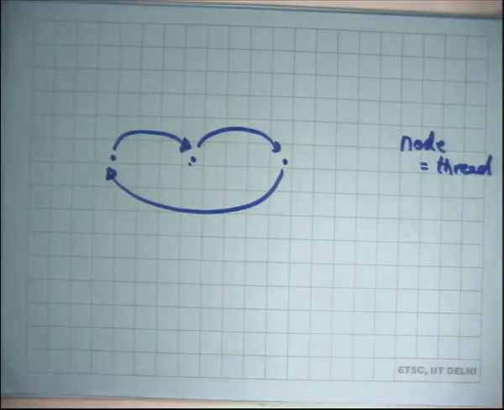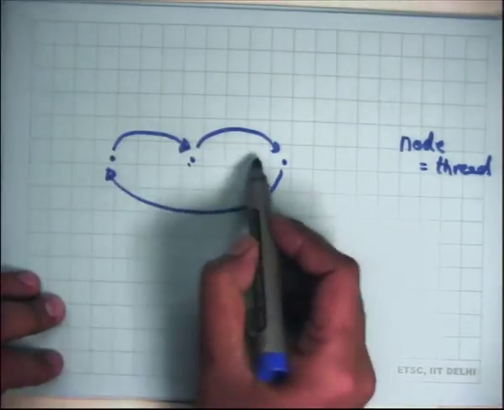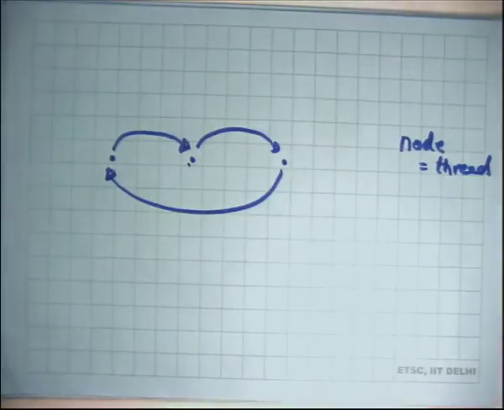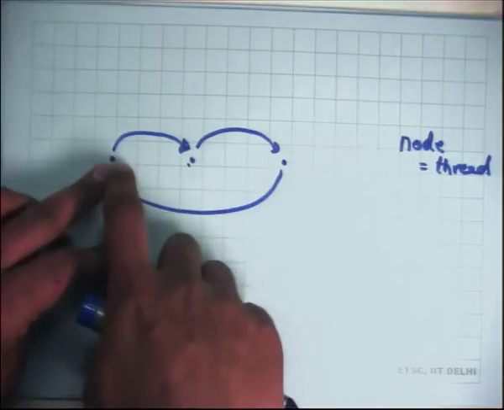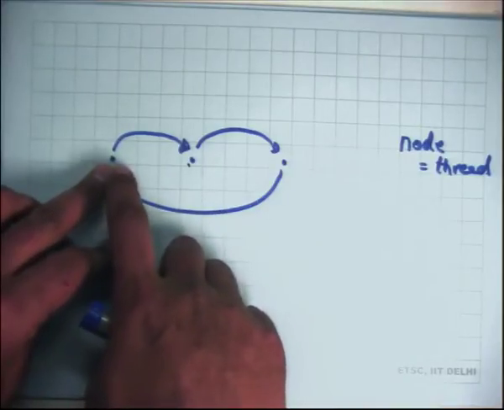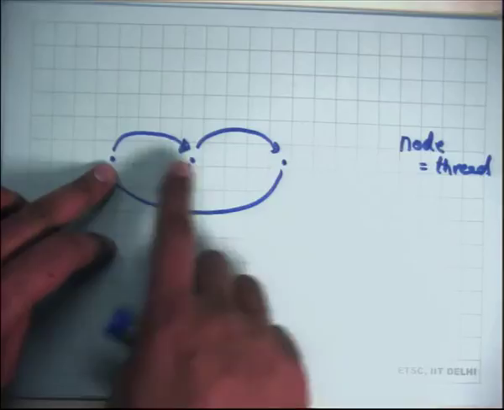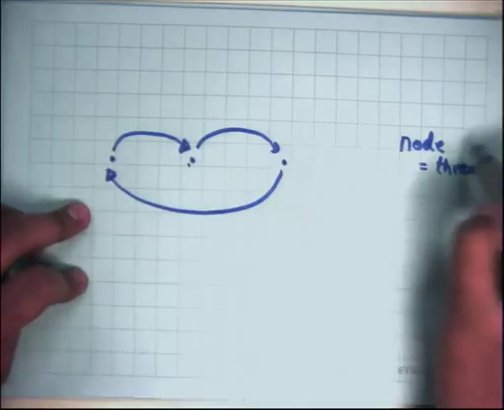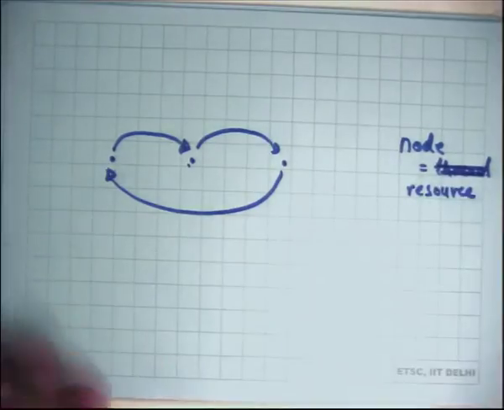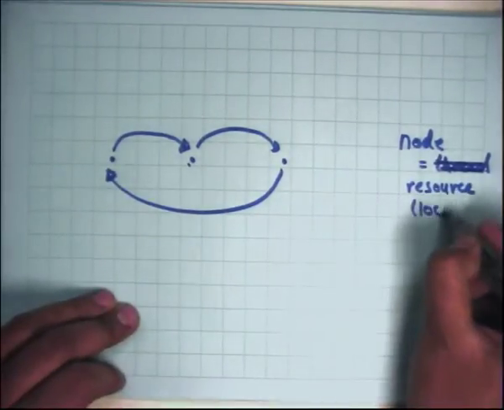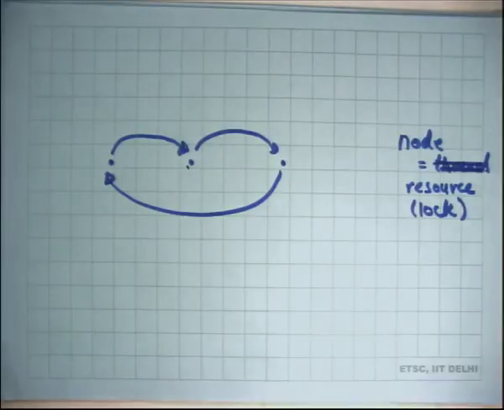What I have made sure is that these edges can only be forward edges, because I have imposed a total order on the resources. So I can never be holding a resource. So let's say these nodes are now resources, right? The other way to look at it is a node is a resource, and I'm using the word resource for a lock in this case.